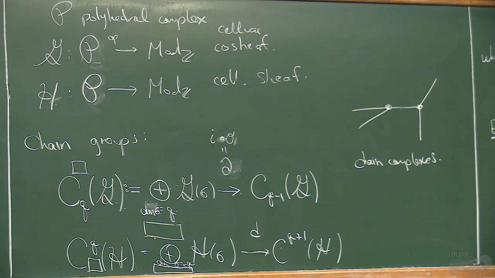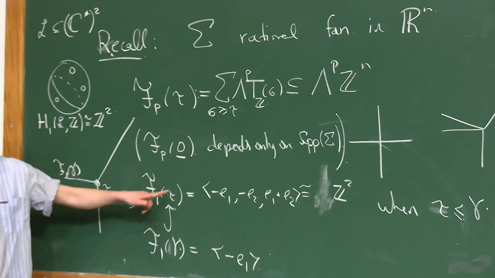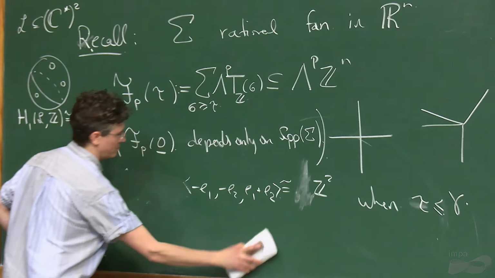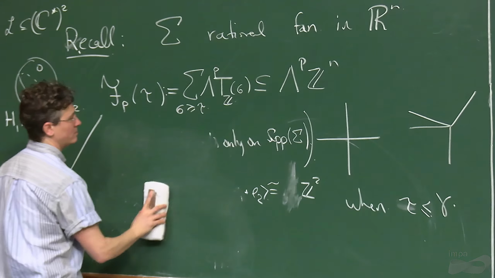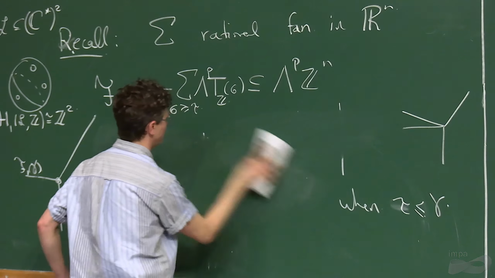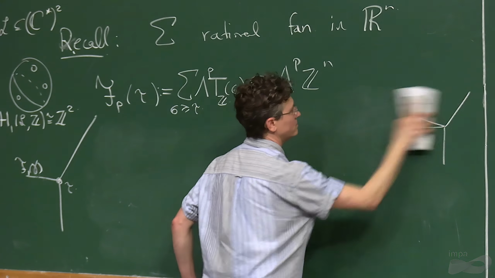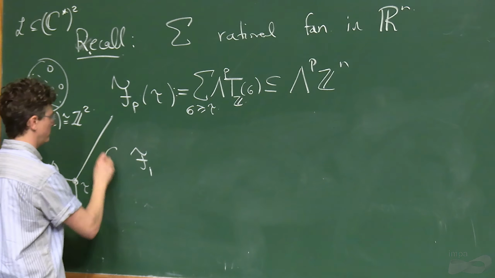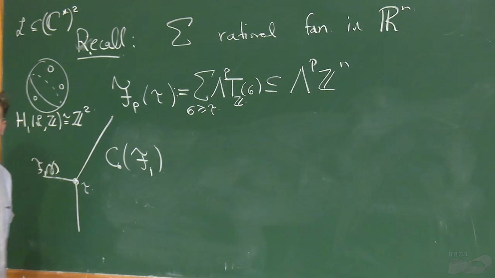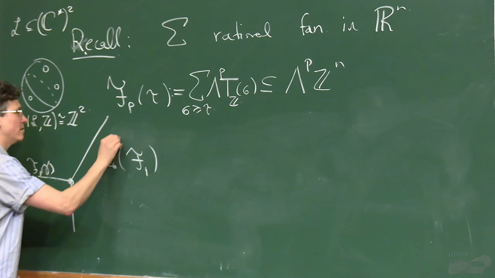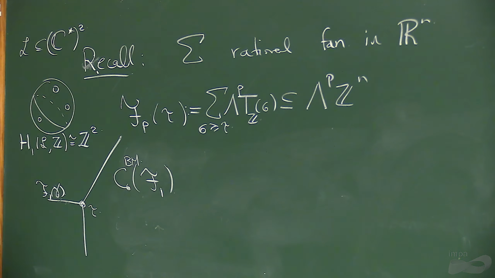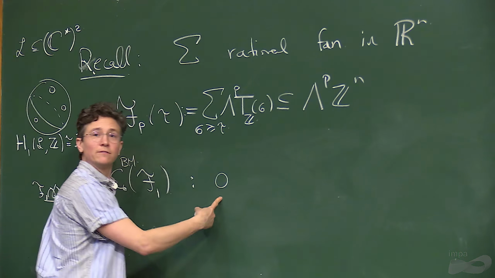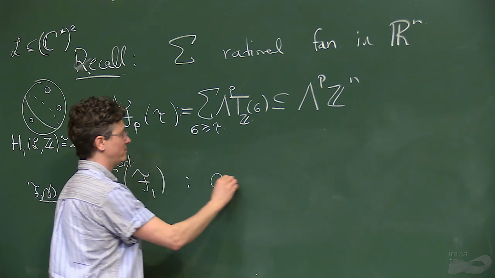So remember, this was rank 1 for every edge, and this was rank 2 at the vertex. So if we look at this chain complex with a BM here now, something a little bit more interesting, then we get, well, 0 in degree 2.